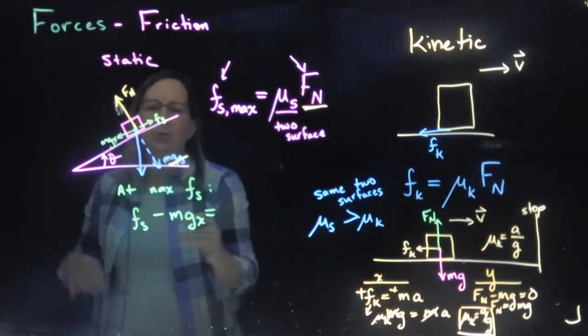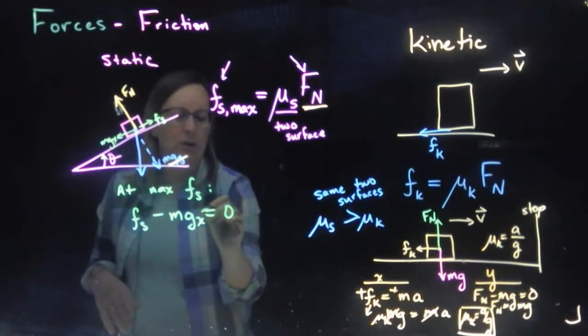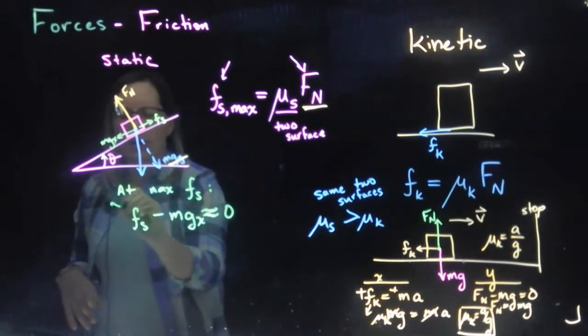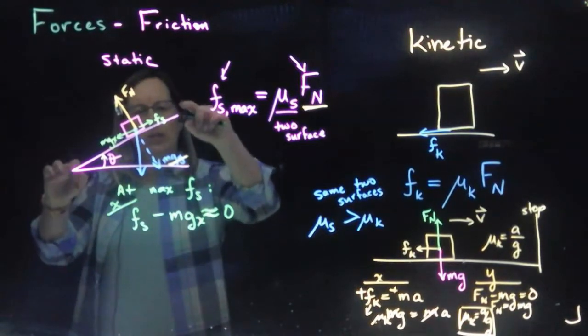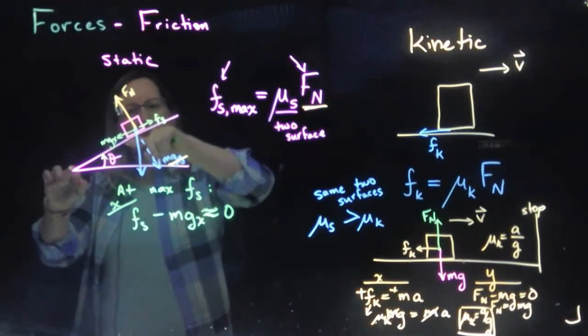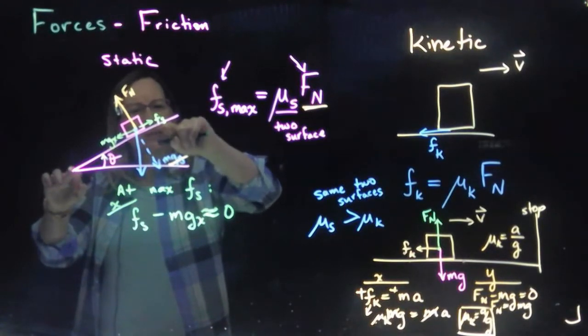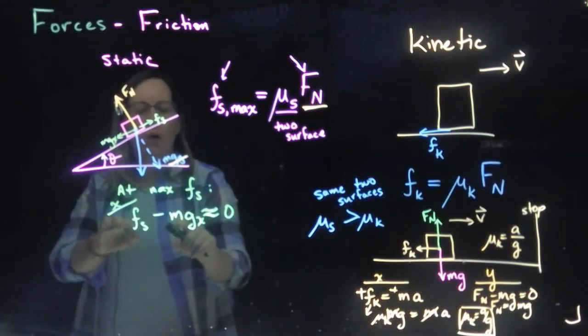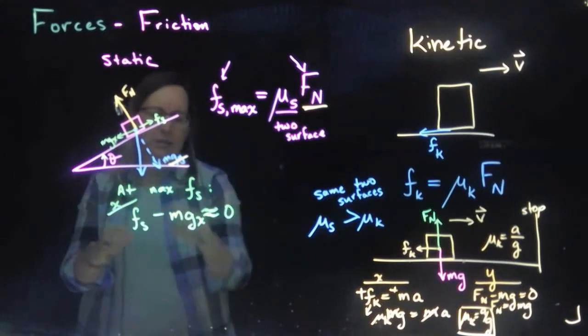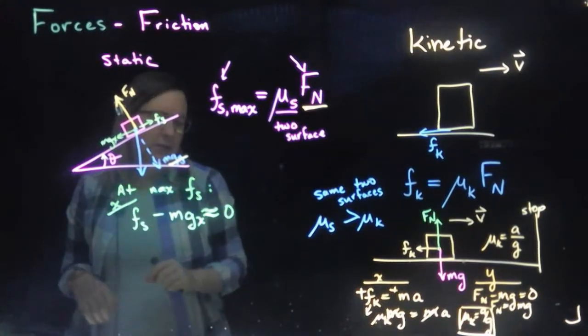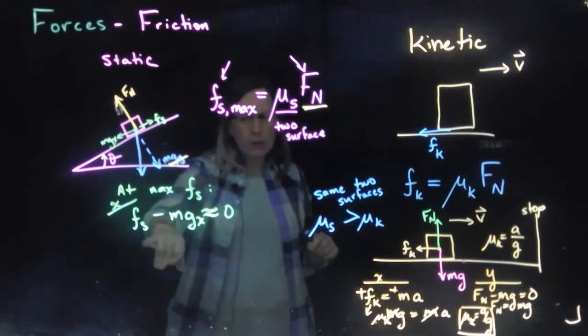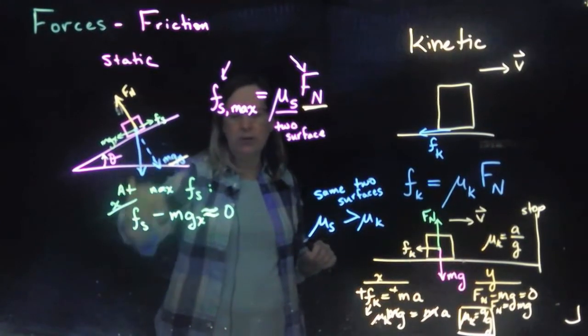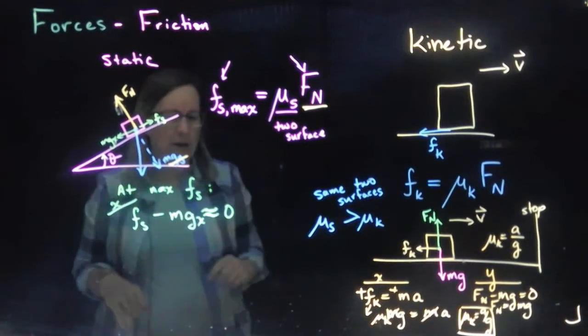We have a little bit of acceleration, but we'll call it essentially equal to 0. This is in the x direction. Because as we tilt up just a tiny bit more, these are no longer going to be balanced because this can't get any bigger. So right before it slips is where this is our maximum value. And if we can measure this angle, that will give us our static friction.